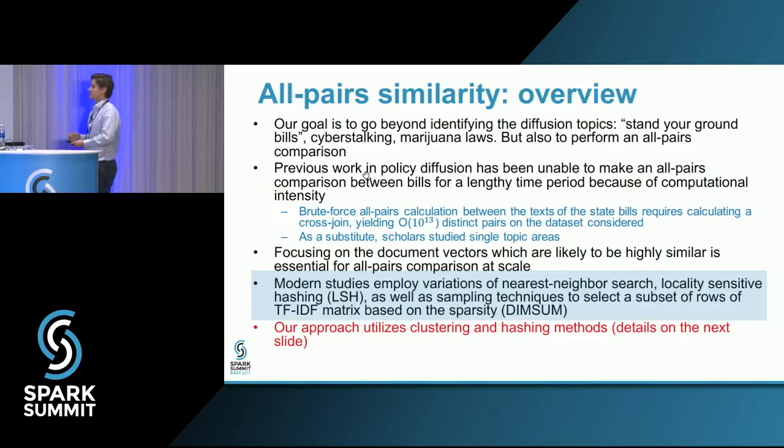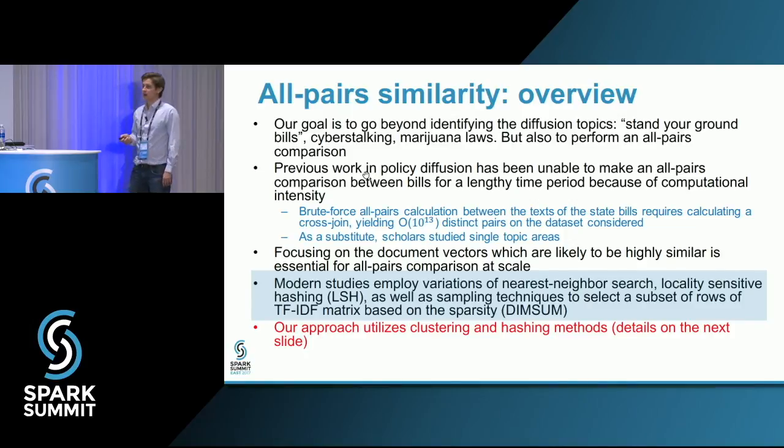There was a nice talk yesterday about optimizing the joins calculations by Vida. Although here, I have to say that whenever we can avoid a Cartesian type join, we have to do that. So the modern approaches to similarity joins out there are variations of the nearest neighbor search, locality sensitive hashing, as well as sampling techniques of a subset of rows of the TF-IDF matrix depending on the sparsity. That algorithm is actually available in Spark as well.